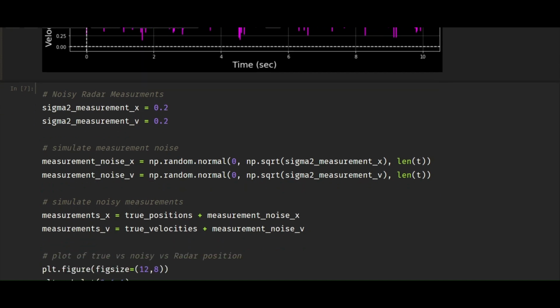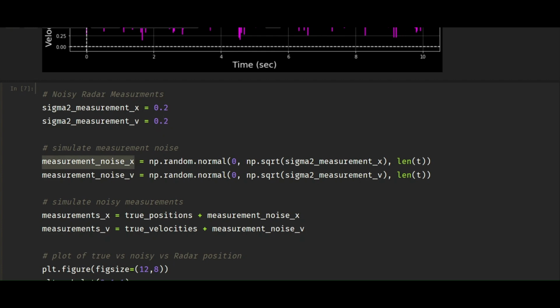The third part is we are observing this car through a radar which is capable of tracking its position and its velocity, but this radar is not accurate. It has got sensor errors. So we have to simulate these errors in the radar measurement. Once again, I have defined some variances both for position and velocity channels. So 0.2, and I'm going to generate noise both in the position channel.